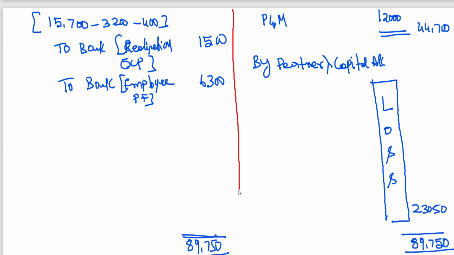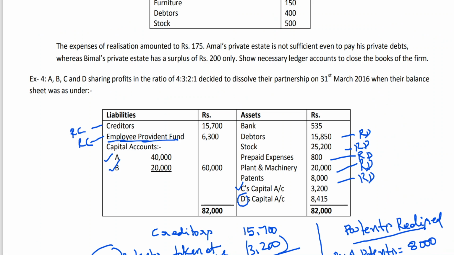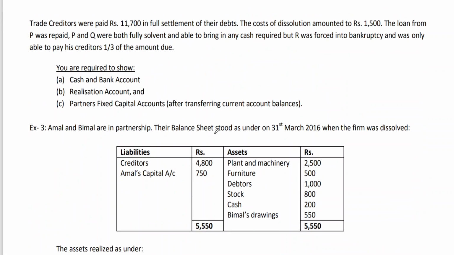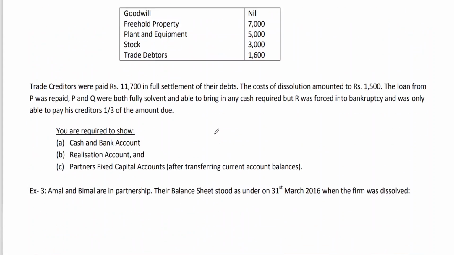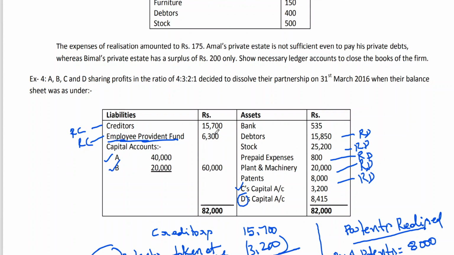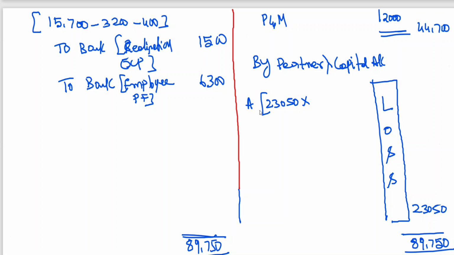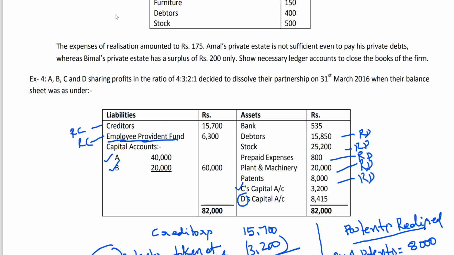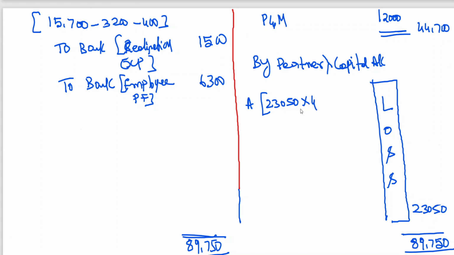Loss. A: 23,050 into, what is the ratio we have seen there? Profit sharing ratio of A, B, C, D is 4:3:2:1. 4, 3, 7, 10.